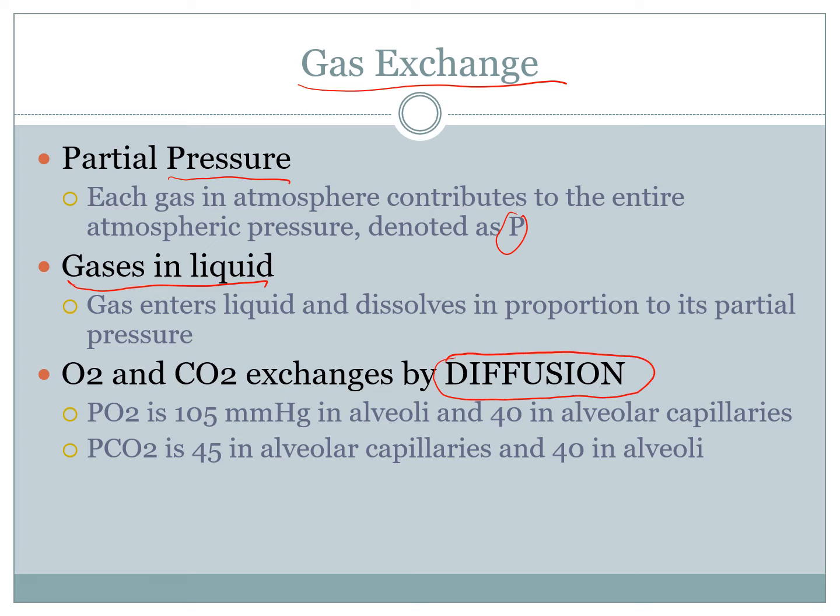They only move with their concentration gradients, from a high concentration to a low concentration, which is the only way that O2 and CO2 can move. As you can tell, they don't have an ionic charge, so they're not controlled by any form of ionizing opposing forces. It is just their concentration gradient. That's all that controls the movement of gases.